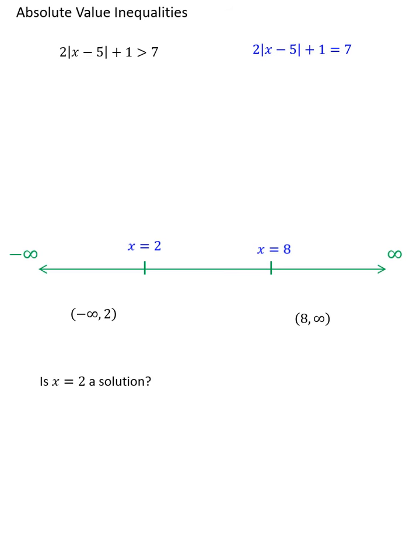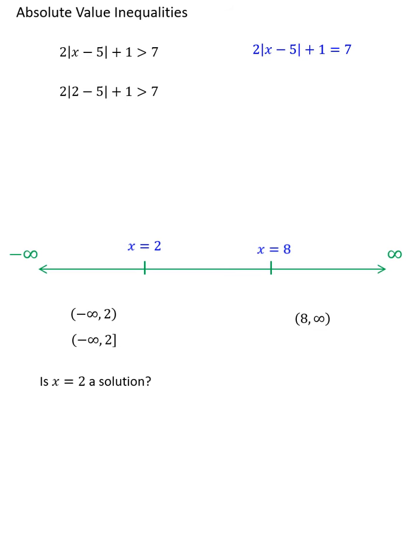In other words, let's start by asking, is 2 a solution to the inequality? We know it's a solution to the equation, but is it a solution to the inequality? Because if it is, then we have to include it. Notice the bracket of inclusion here. Okay, well, one way to find out: substitute 2 for x.